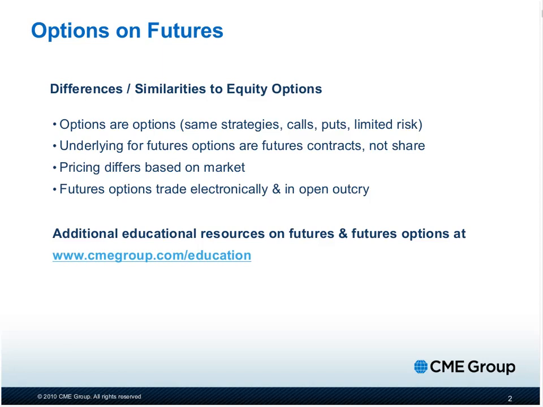The important thing to make you aware of here very quickly is we listen to customers. We listen to what they want and need as traders. And we're happy to say that in the equity space with the E-mini S&P, we have very liquid, efficient weekly options, end-of-month options, quarterly, and serial.